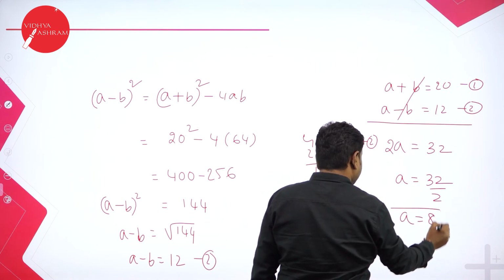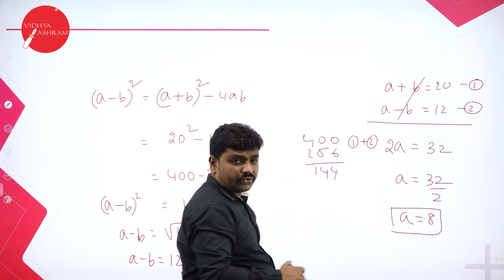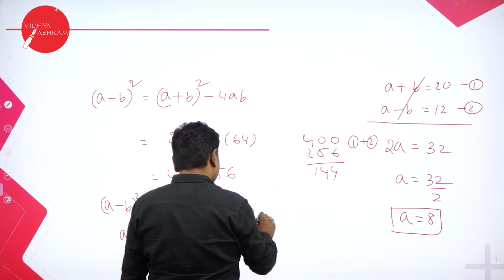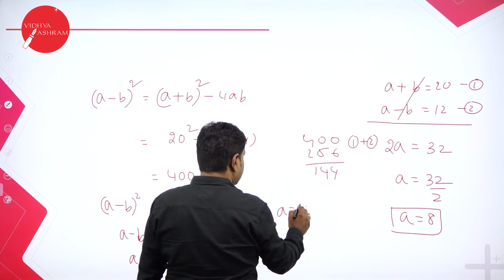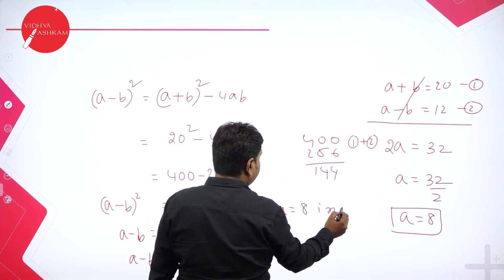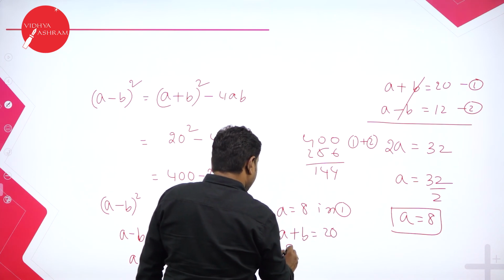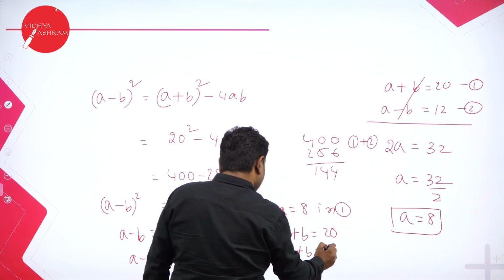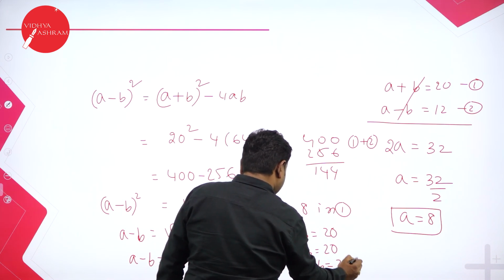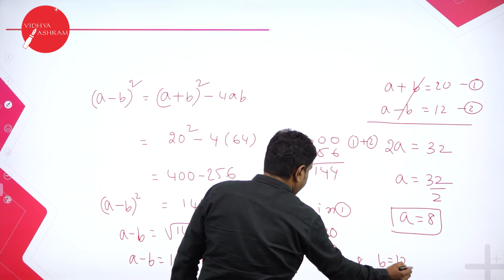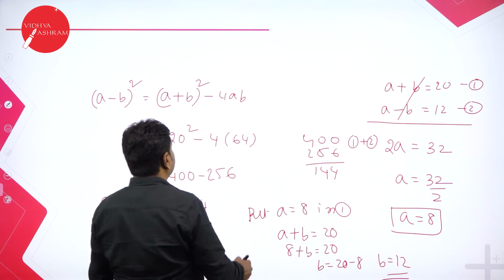We got one of the terms. Now we need B. Put A in equation 1, that is A plus B equal to 20, and B is 20 minus A. B is exactly what? 12.